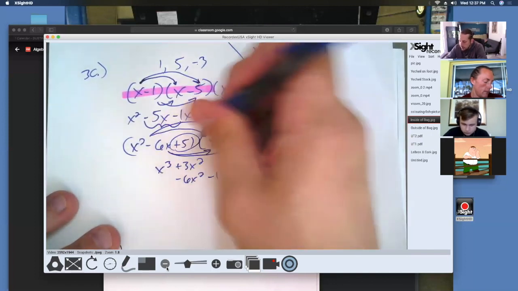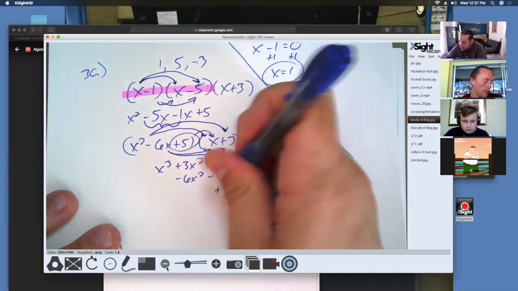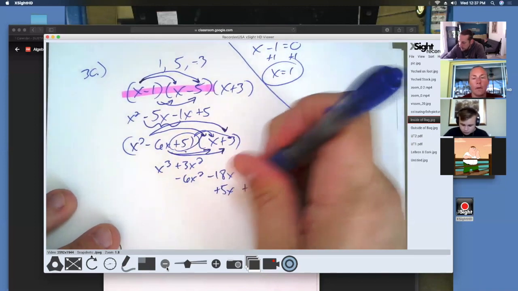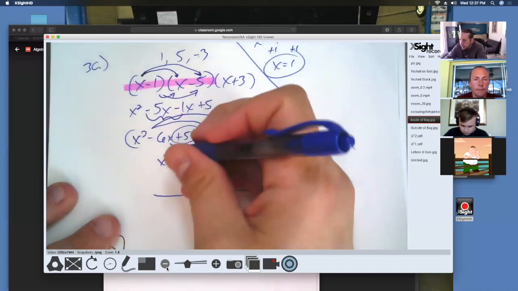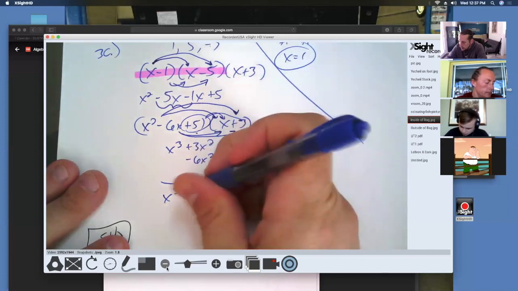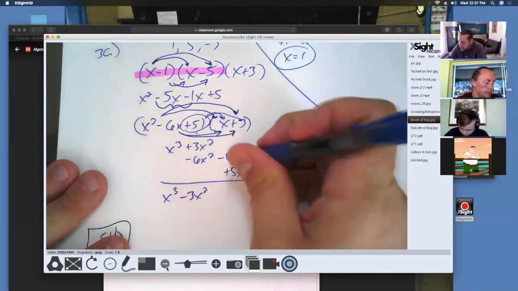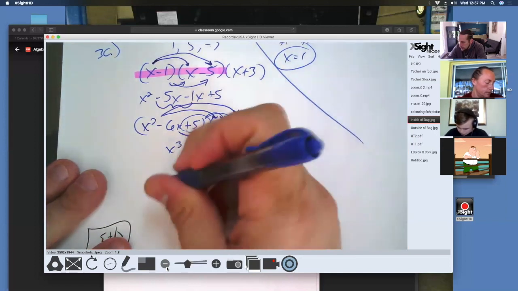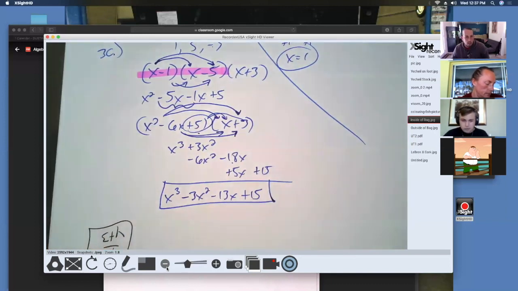Last term, 5 times x is 5x, and 5 times 3 is 15. Combine like terms, I get x cubed minus 3x squared minus 13x plus 15. And that would be your answer for that one.